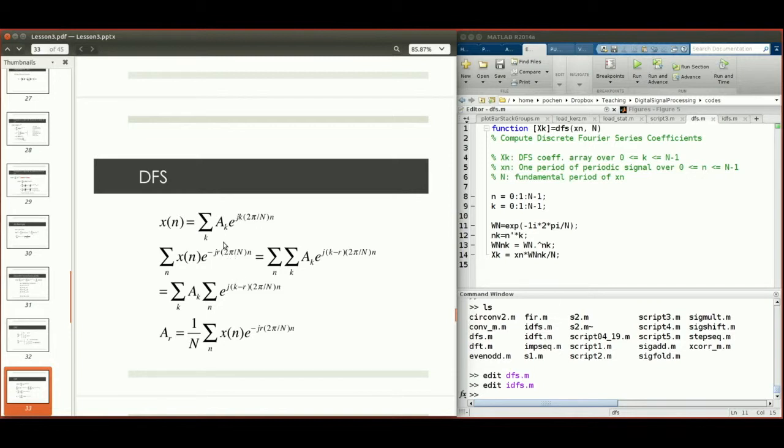It could be a different integer from k, but it's just an integer. We multiply both sides by this complex exponential, and then do a summation over n on both sides.